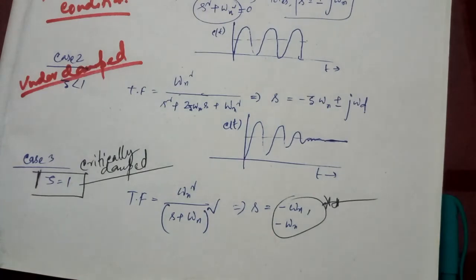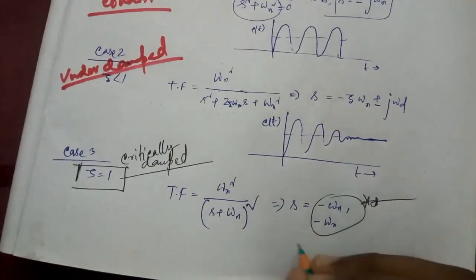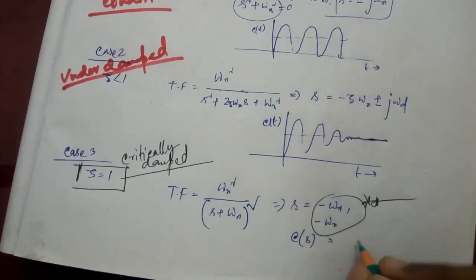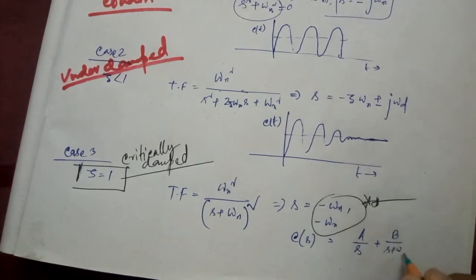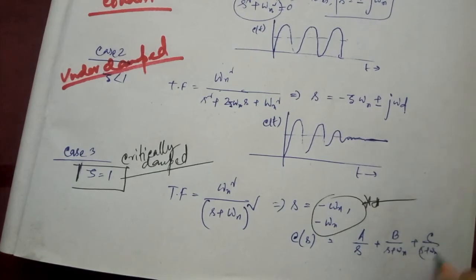Must remember this condition. In this case, the response C(s) will be represented by 1 by s plus b by s plus omega n plus c by s plus omega n the whole square.